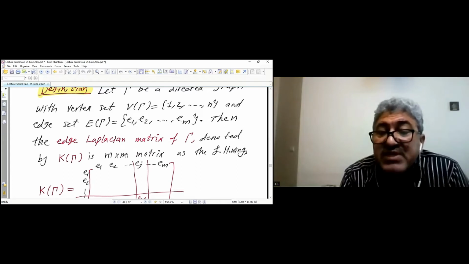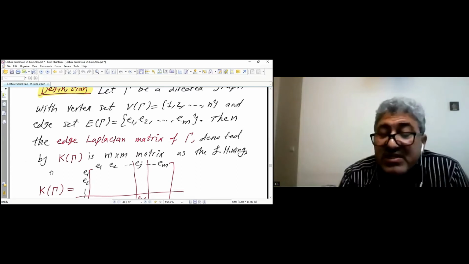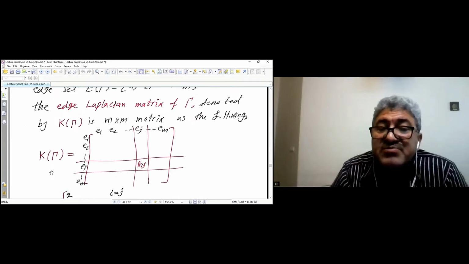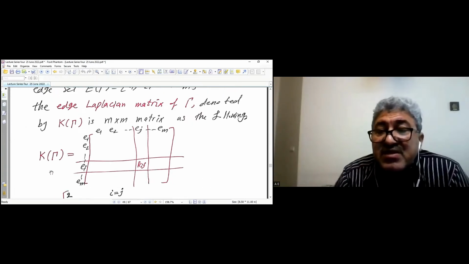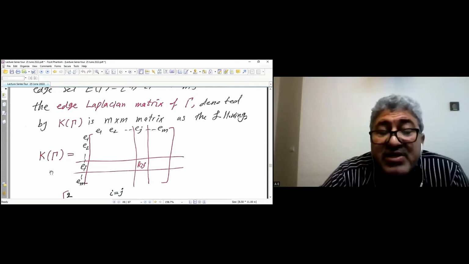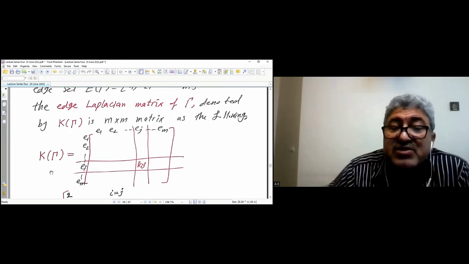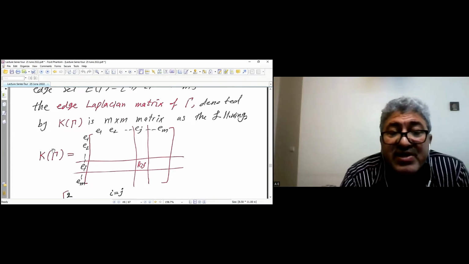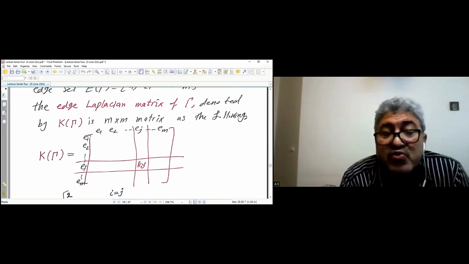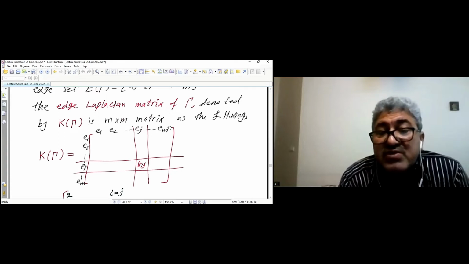So in the edge Laplacian matrix, the rows and columns are indexed by edges, right? On the rows we have E1, E2, up to Em, so m edges for the rows, and similarly m edges for the columns.